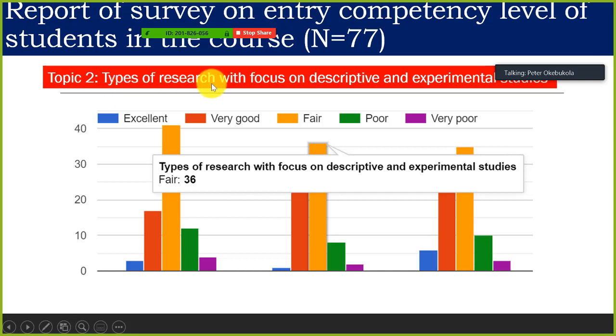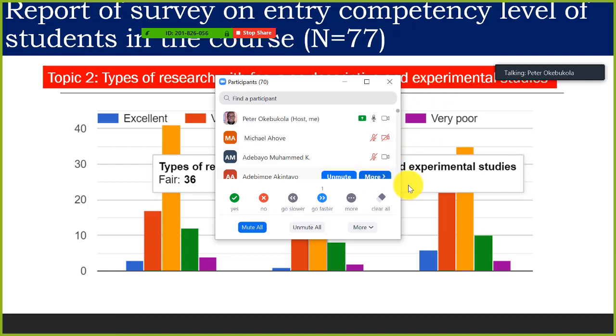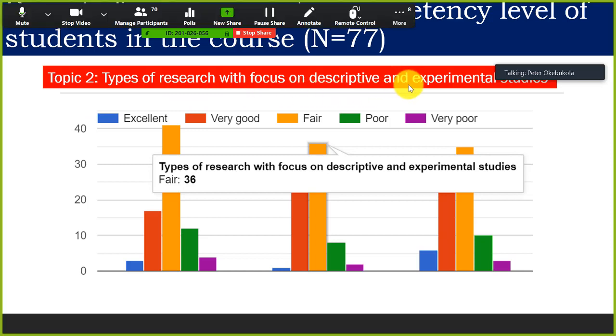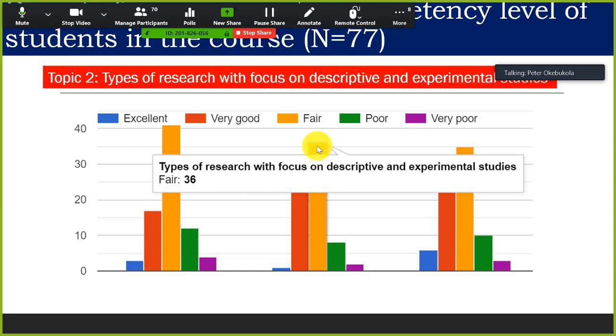For topic 2, on types of research, with focus on descriptive and experimental studies, here we find about half of you, 36 out of 77, have fair competence in that topic.